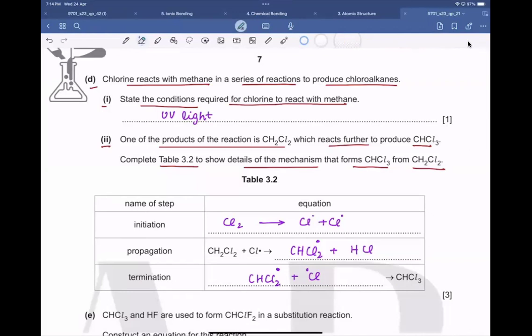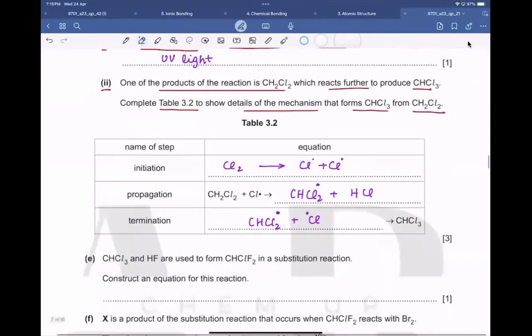Yes, if anyone of you has any query, any question, please ask. Okay. Now we have part E. Am I audible to all of you properly?